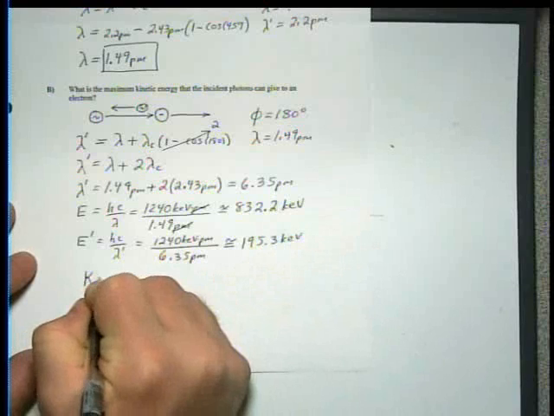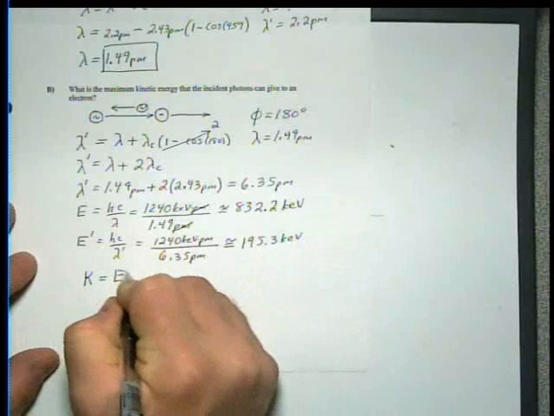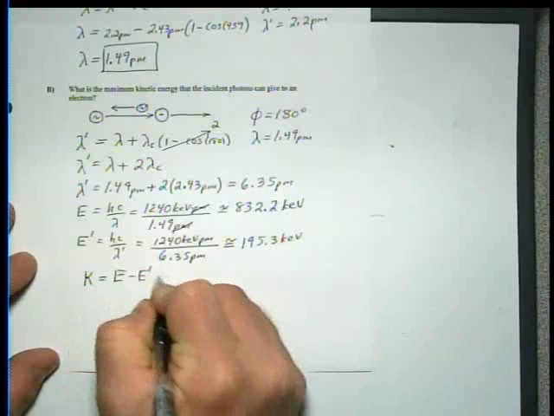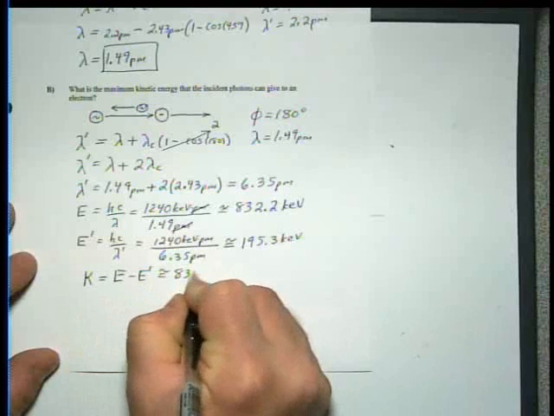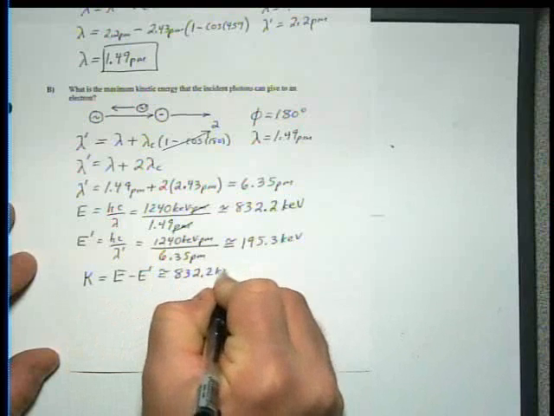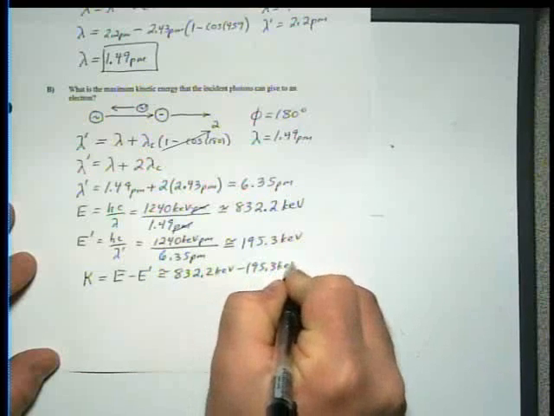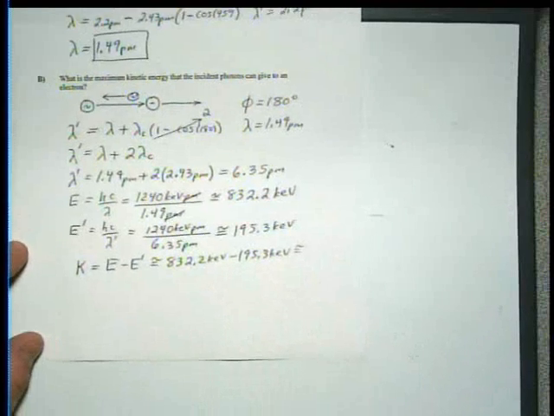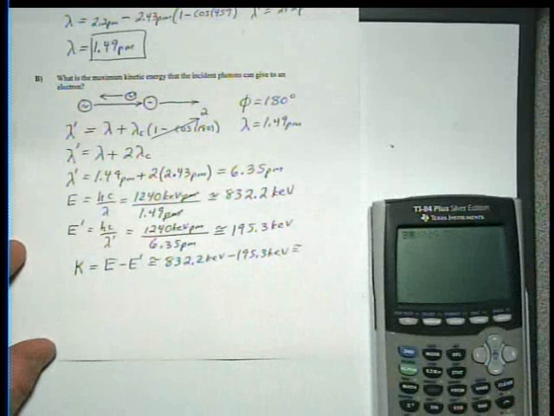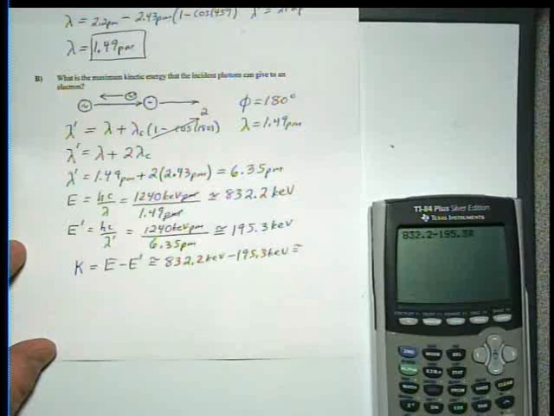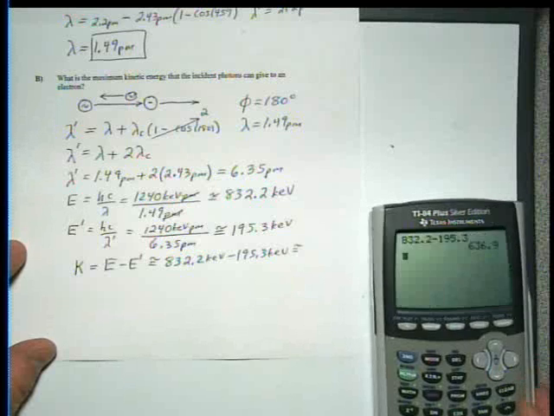So the kinetic energy of the electron is E minus E prime. So 832.2 keV minus 195.3 keV. About 637 keV.